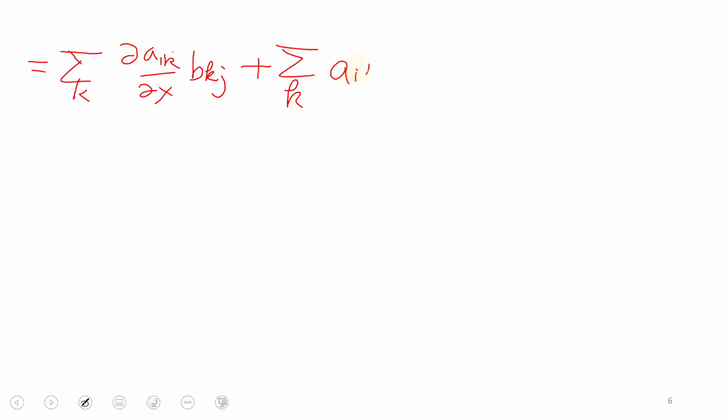That will be equal to the summation over k of partial A ik partial x times B kj, plus the summation over k of A ik times partial B kj with respect to partial x. Notice that this is the kj term of it.